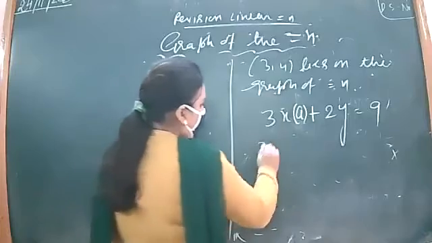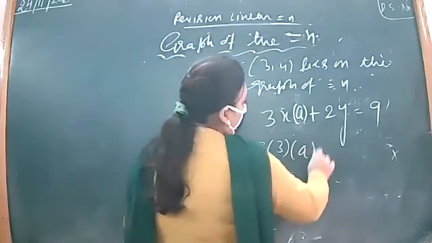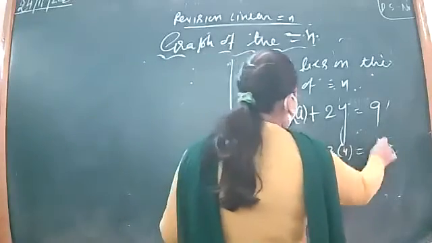(3, 4) lies on the graph, it means x will be replaced by 3 and y will be replaced by 4. This is equal to 9.